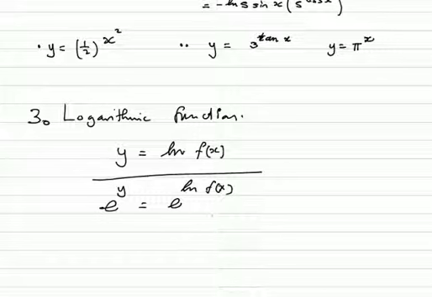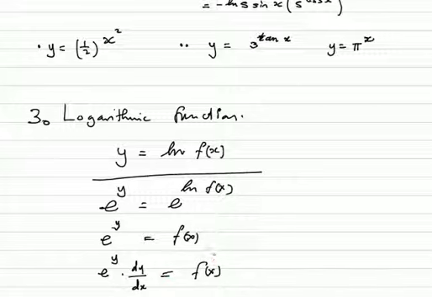Now, on the right hand side here, this will simplify to f of x, and this side we're going to have e to the power y. Then if we differentiate e like we saw before, this will be e to the power y multiplied by dy dx equals to the derivative of f of x, because at this point I'll be differentiating an equation.